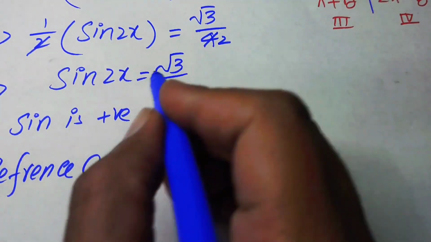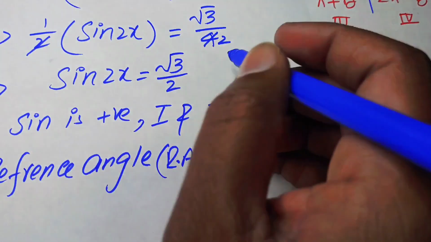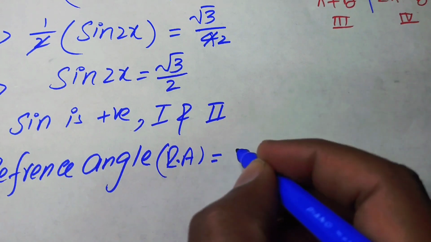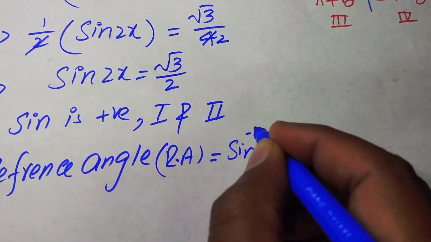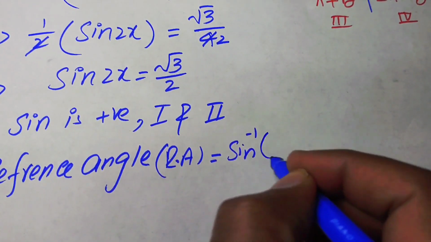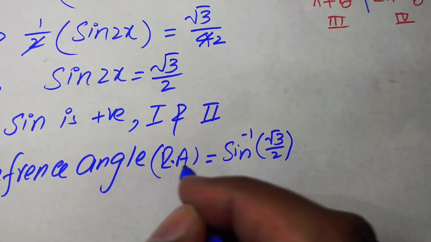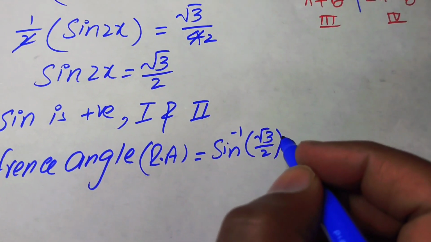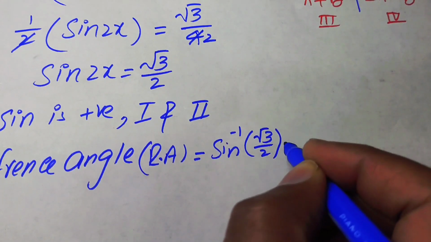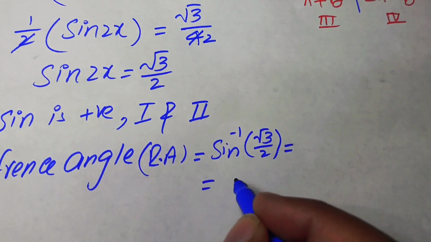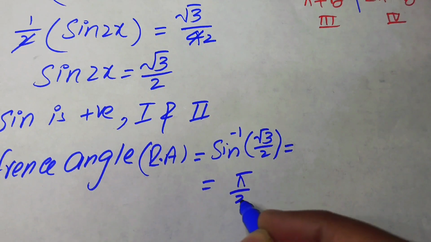So for the reference angle we take sine inverse of square root 3 by 2 on the right hand side, and the sine inverse of square root 3 by 2 becomes pi by 3.